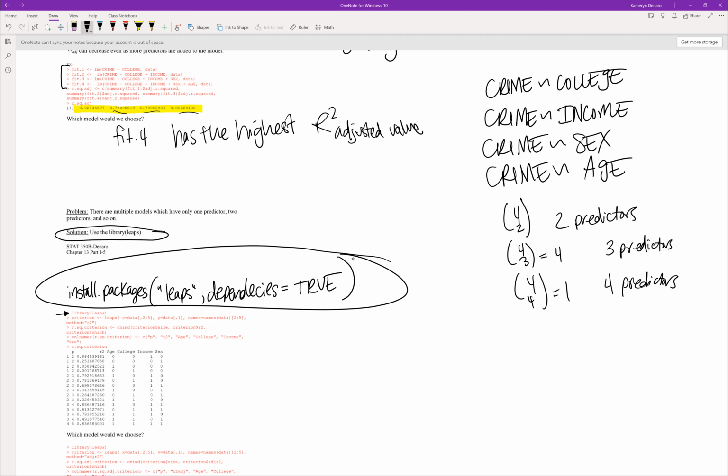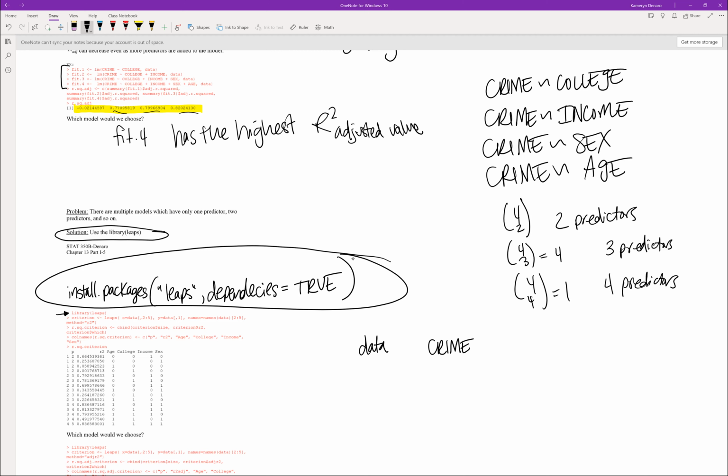All right. So in order to do this, we can take our data set and we can split it up by X and Y. So in my particular data set, if you look at it, you had crime as the first column.